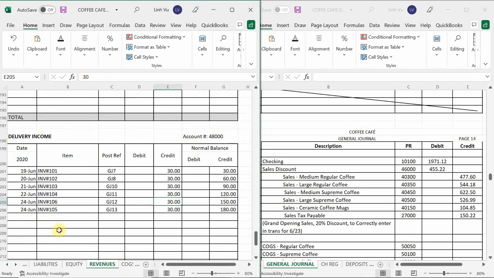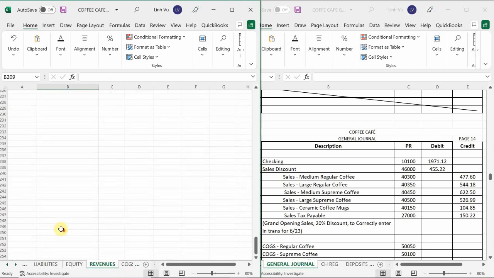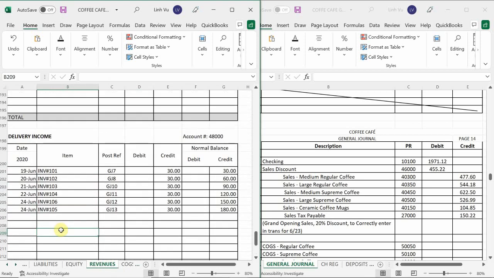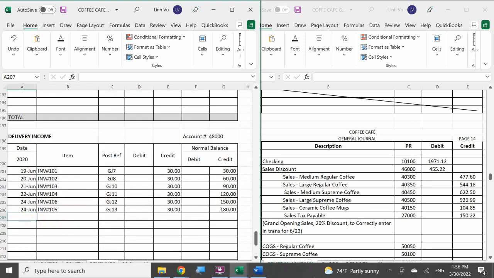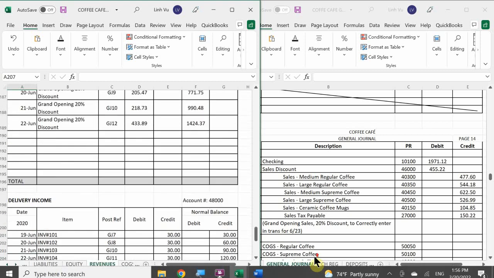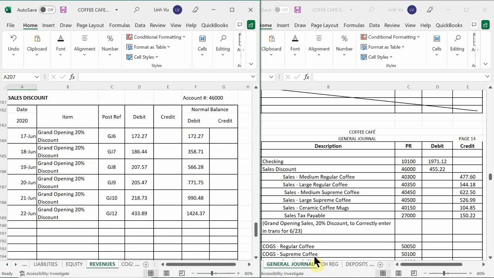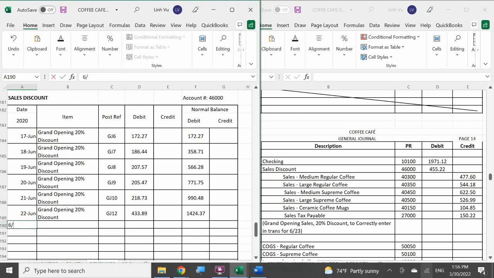the sales discount. Because we haven't recorded for the 24th here, I'm still going to go ahead and put the 24th on here and just say grand opening sales for the 23rd.